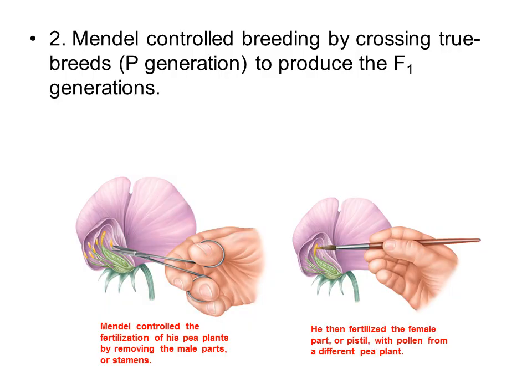Another key decision that Mendel chose is to take control of breeding. So Mendel cut off the stamen. The stamen is the structure that produces the sperm. If you cut off the stamen, then you can control where the sperm lands.